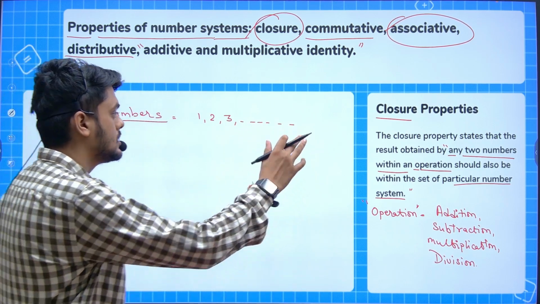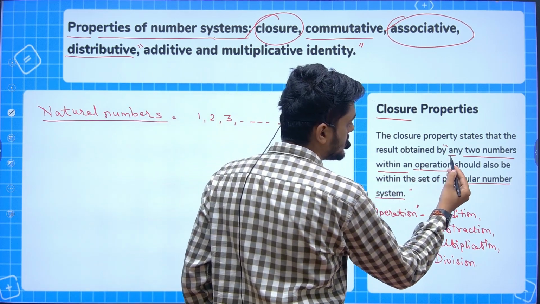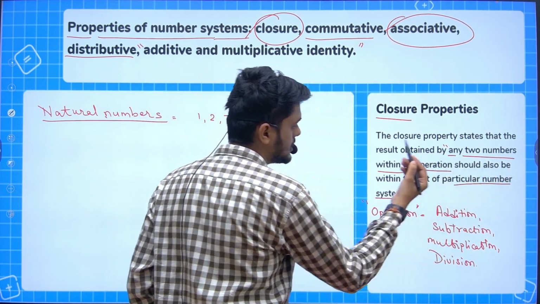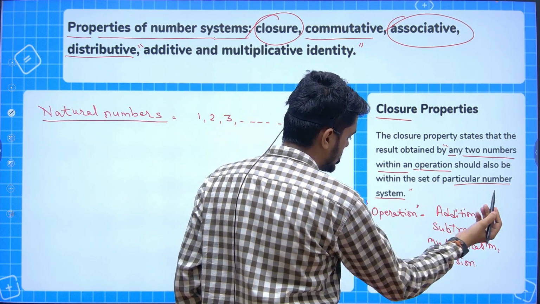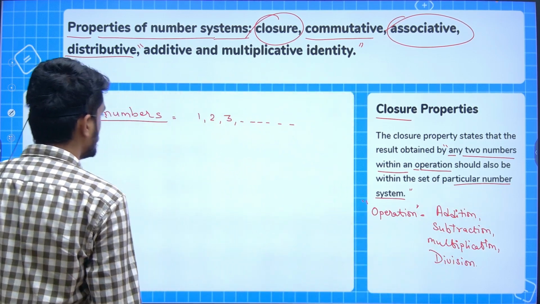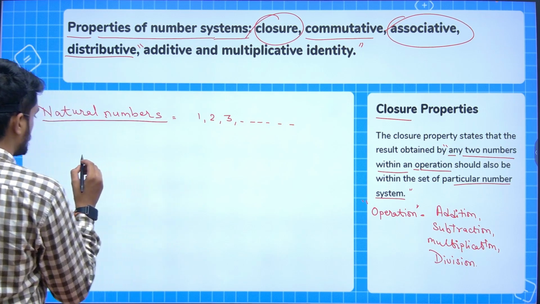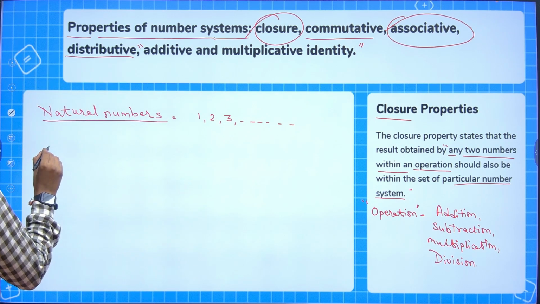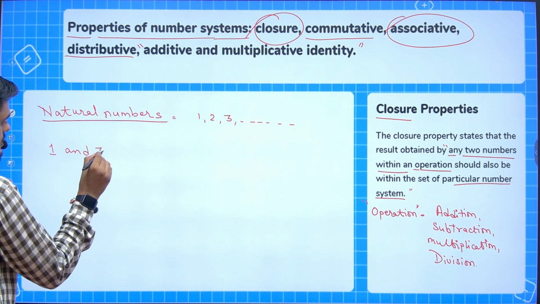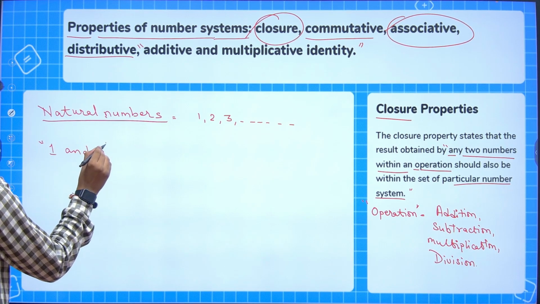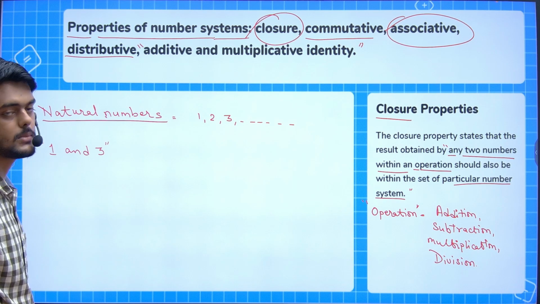Now again, by the definition, we need to choose any two numbers, and the result within an operation should also be within the set of the particular number system. Now let us choose any two natural numbers. Let us say 1 and 3. We have opted for these two numbers.